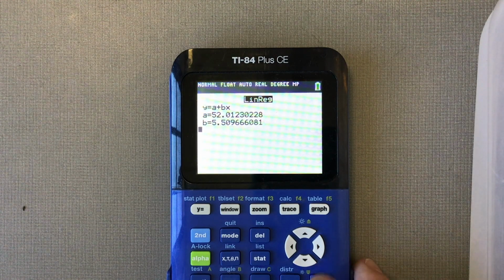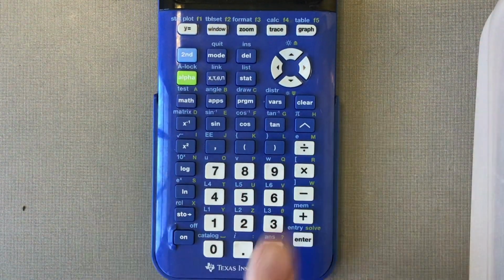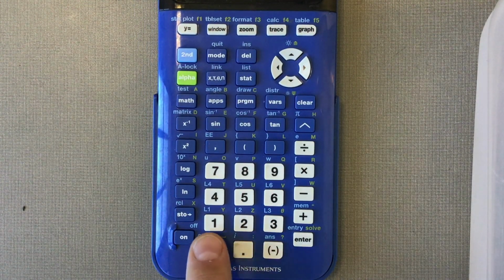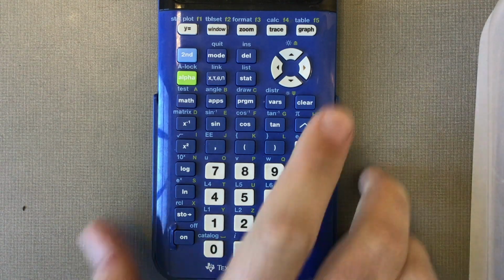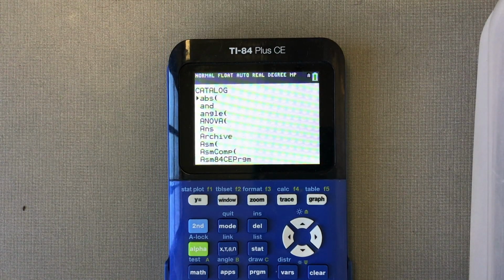So what you're going to do is hit second, and then go down to the 0, which is going to take us to our catalog. Now here it is, we're in the catalog. Catalog is where literally every single function is in alphabetical order. We want to go down to a thing called diagnostics. Do not start arrowing down because that will take you forever.